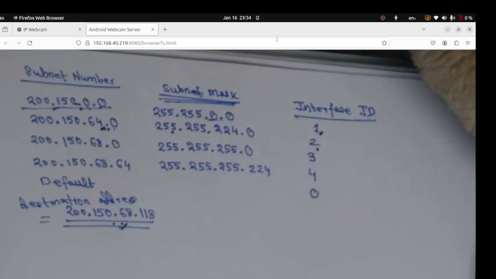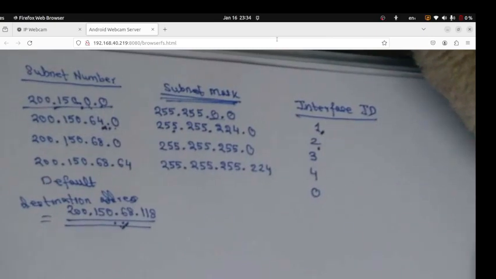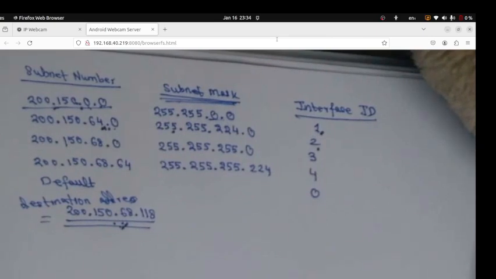If we do the bitwise AND operation, for the portion with consecutive ones, any value ANDed with one gives the original value, and any value ANDed with 0 gives 0.